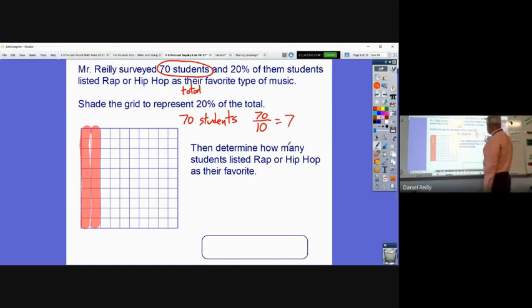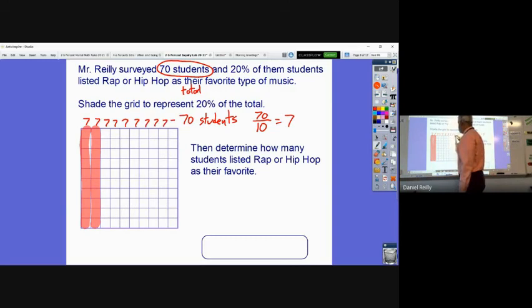Each one is worth 7. So this is 7, 7, 7, 7, 7, 7, 7, 7, 7, 7. That total is 70, right? 7 times 10. So how many students like rap or hip hop, Riley? Well, if only one of these columns was highlighted, that would be 7, but 2 of them are highlighted. 14, that's the answer, right?